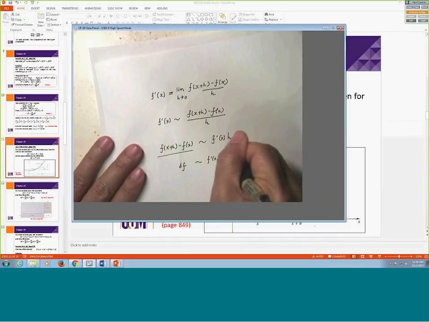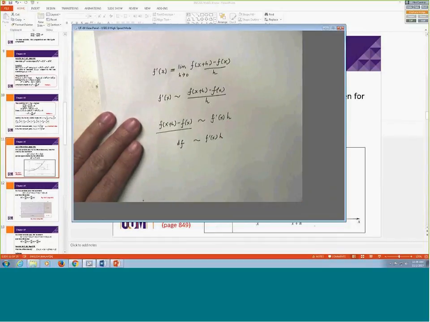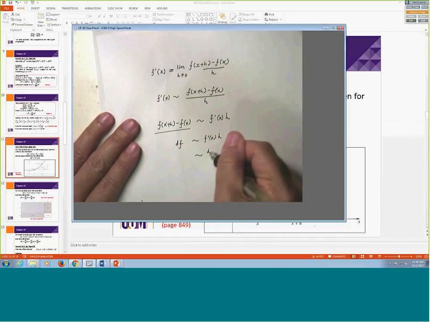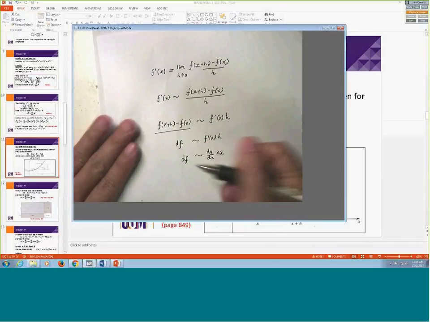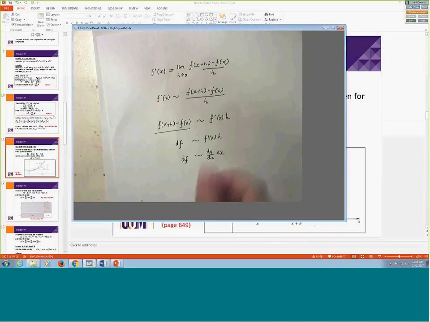Sometimes we write the formula as dy/dx times delta x. This is the differential, for functions with one variable.